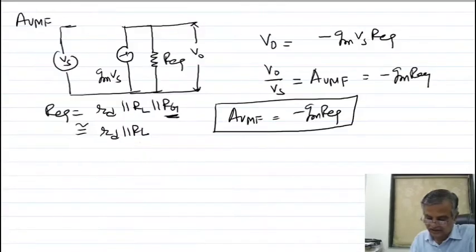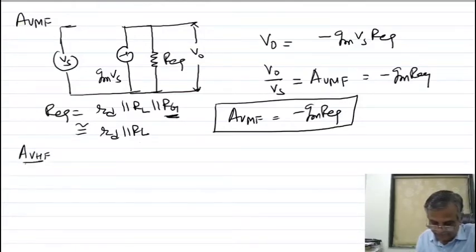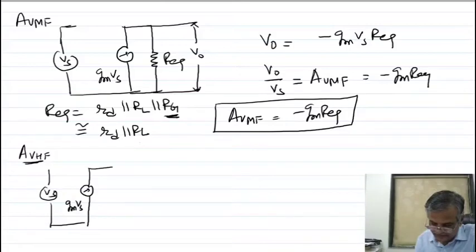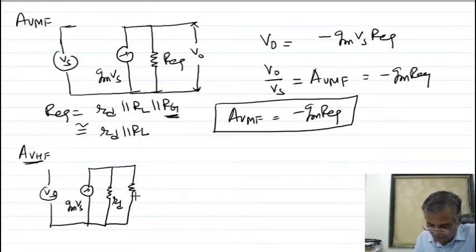So look here, I am showing you the equivalent circuit for high frequency. This is your Vs. This is your current source, GM into Vs. This is your RD. This is your RL, RG.